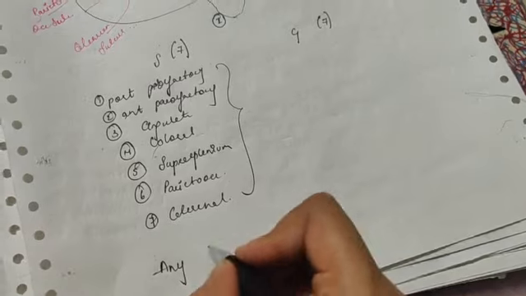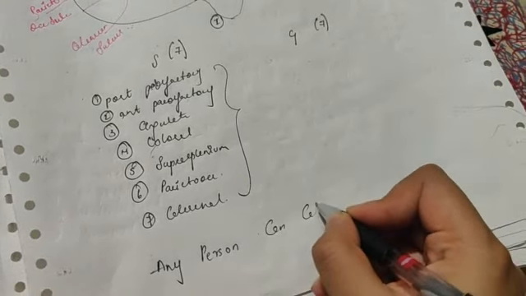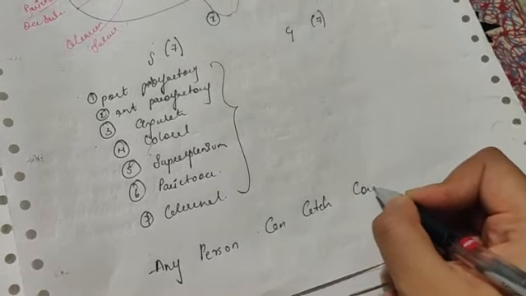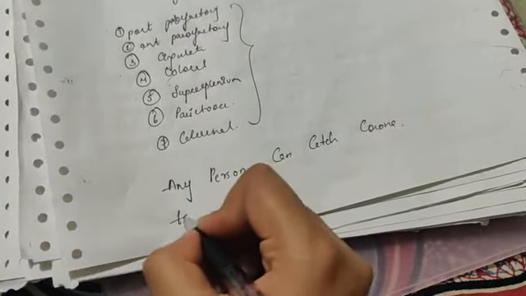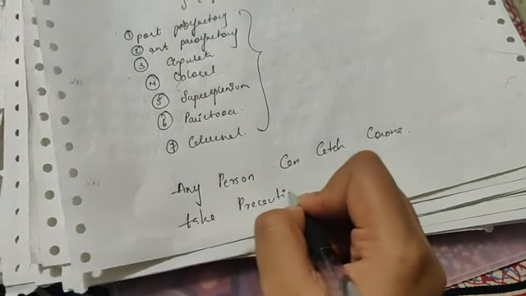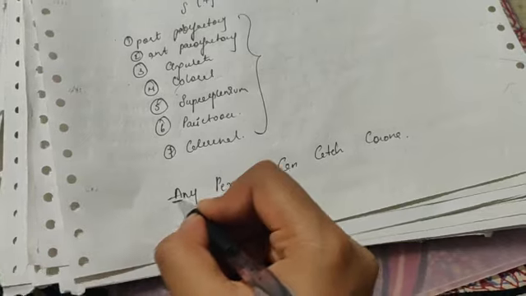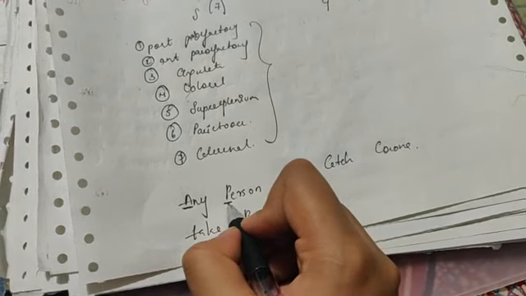Any person can catch corona, take precaution. So here A and P are for anterior and posterior parolfactory sulcus. C is for cingulate.